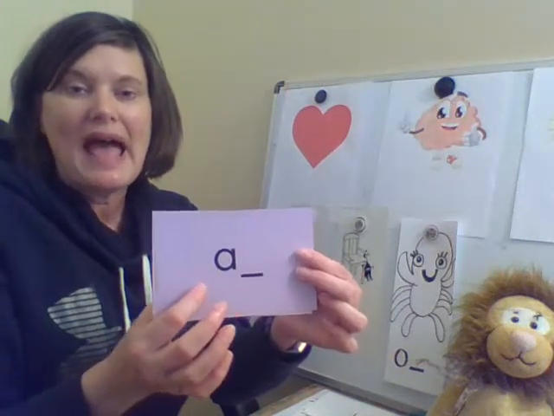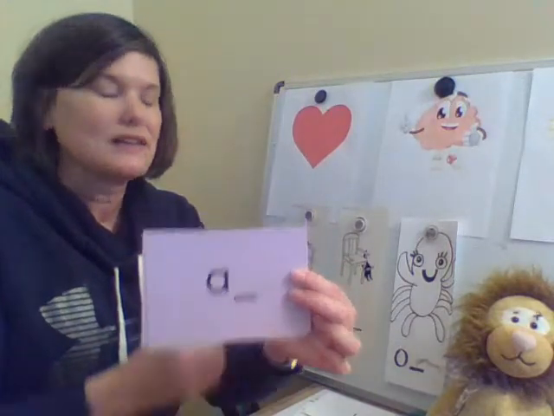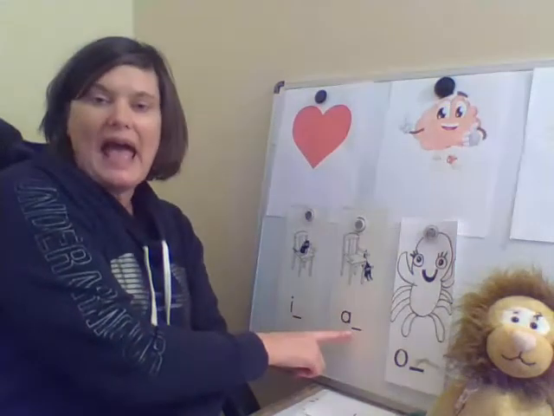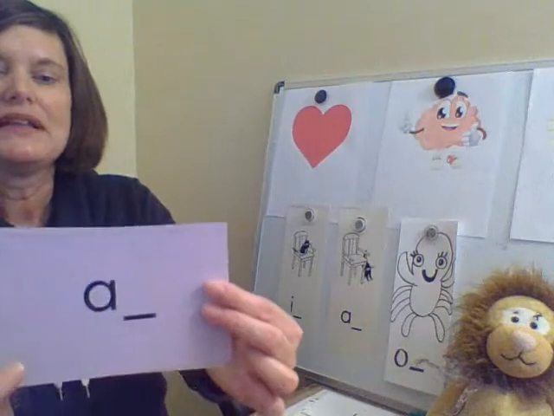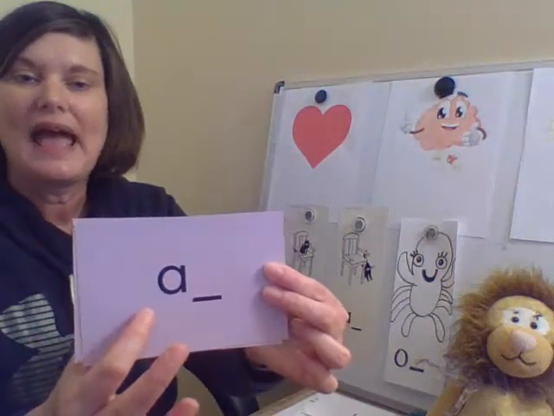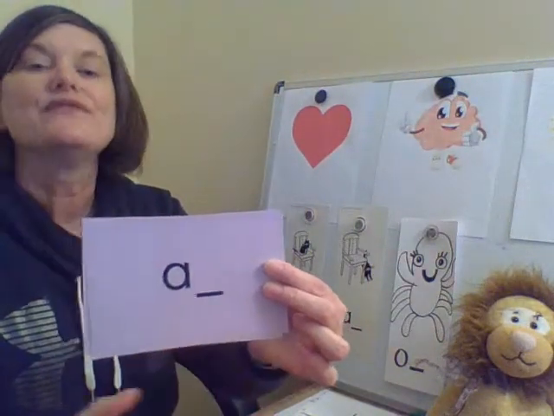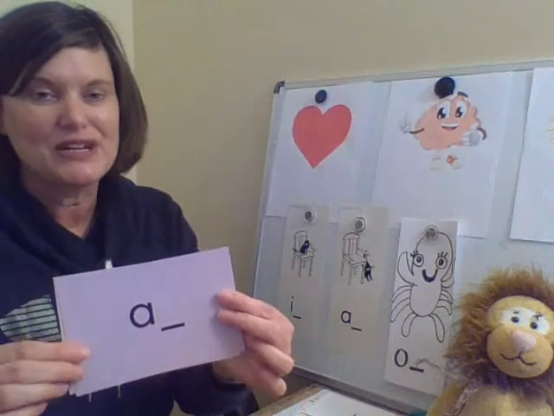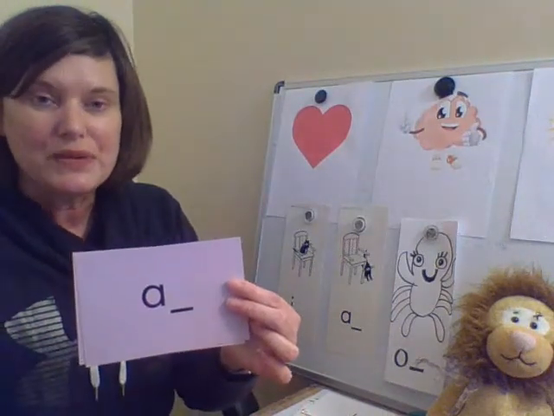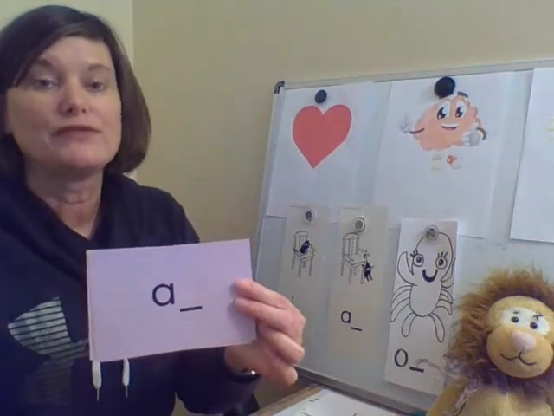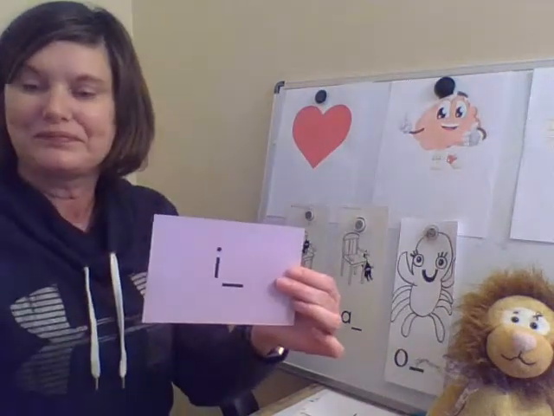All right, our next closed syllable. Ready? This is ah, like the cat is at the chair. Let's stretch it out again. Ready? Ah, very good. This is a continuous sound as well, because we can stretch it out and hold it for a long time.